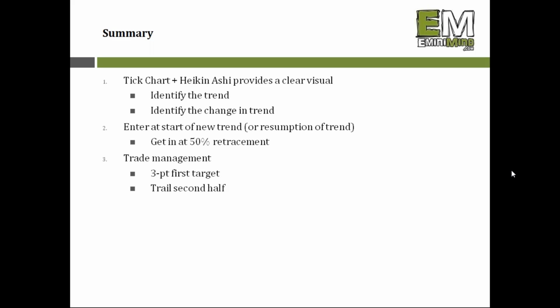What does it do? It goes 4 points and then reverses. So this way you don't have to be playing that what-happened-in-the-last-trade game and being on your back foot the whole time. This way you're setting up in a very sound offensive means of having a first target and a trail stop in place.